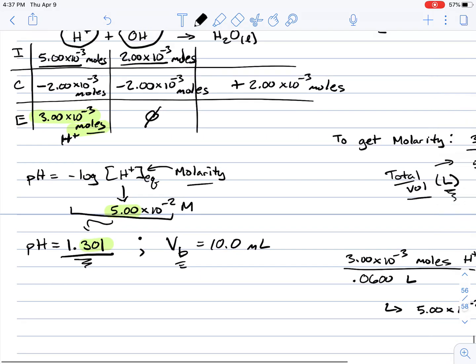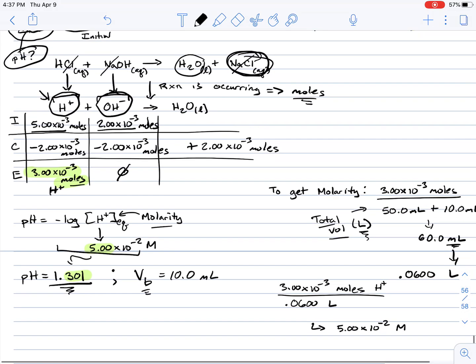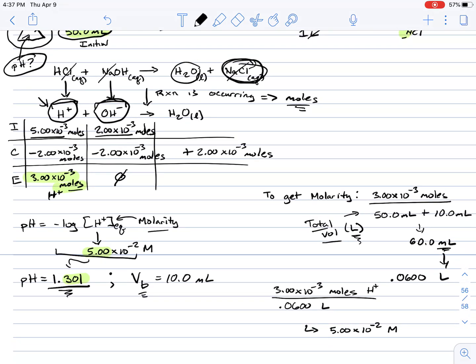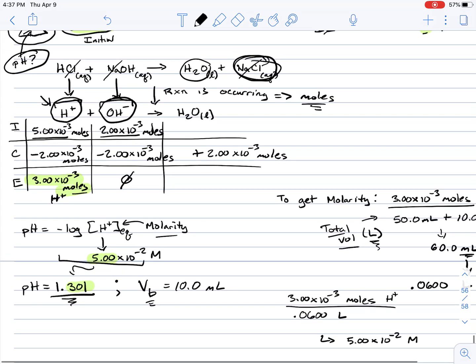Awesome. So this second step was a little tricky because there were a lot of moving pieces, right? There was a reaction that's occurring, and we needed to determine the equilibrium amount of the hydrogen ions that remains after the reaction occurred. And then we took the resulting moles at equilibrium and converted into concentration.